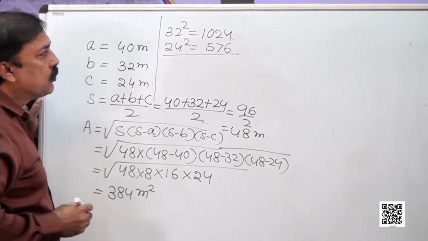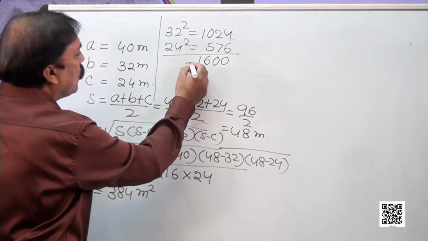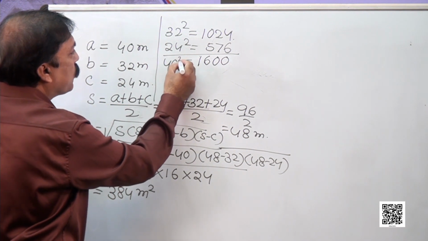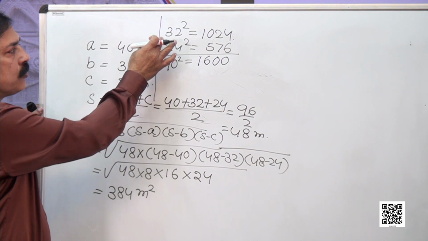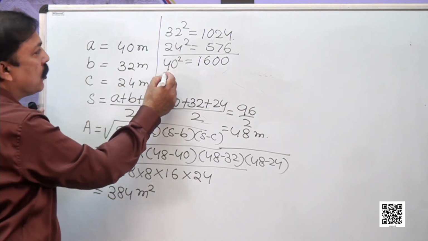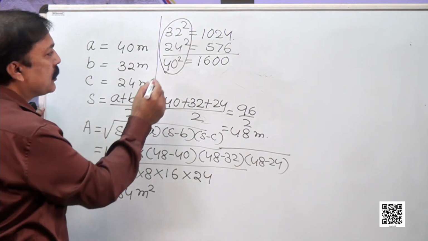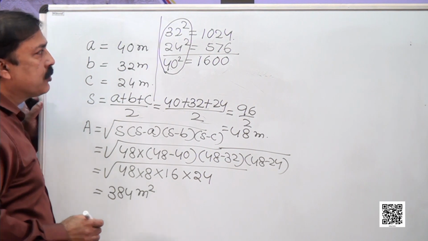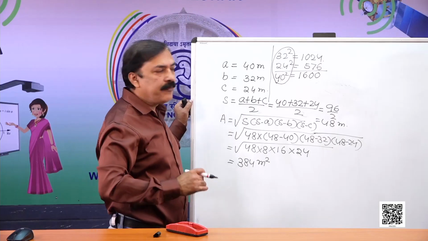If you add these two, this is 1600, which is same as 40 square. Here sum of two squares is equal to the third square, so this constitutes a Pythagorean triplet. That means 40 is the hypotenuse and 32 and 24 are the height and base.